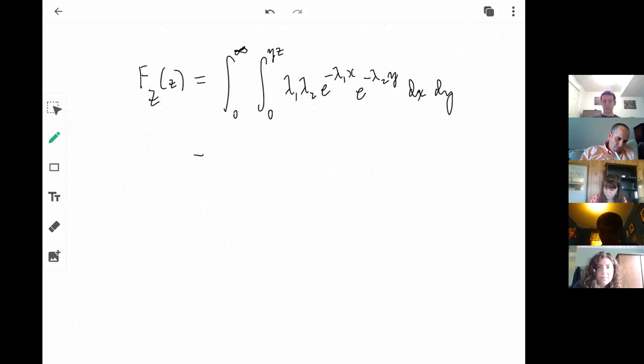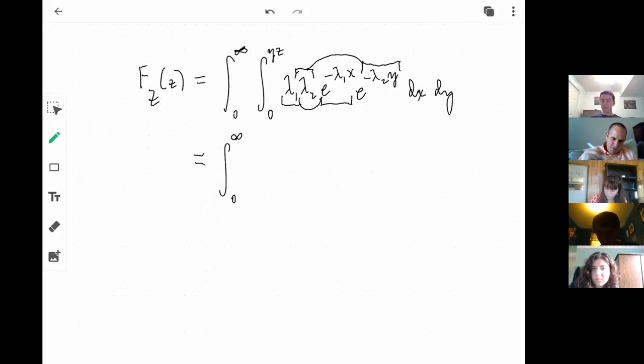All right. So this is going to be the integral from 0 to infinity. As far as x is concerned, lambda 1 is going to be helpful, but the other two things, lambda 2 and the stuff involving the y, are basically constants.